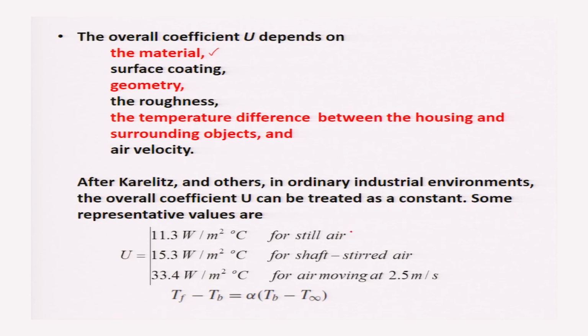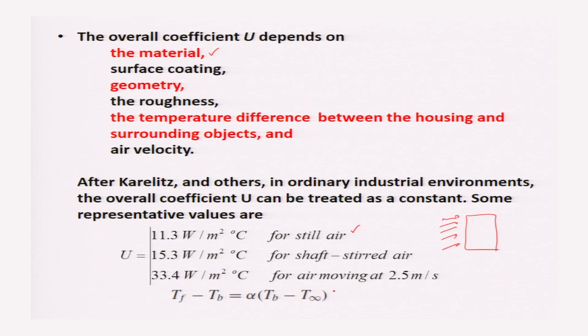The first is for still air, the air which is flowing through the bearing housing being still. For shaft-stirred air, it is 15.3 watt per meter square degree centigrade. For air moving at 2.5 meter per second, it is 33.4 watt per meter square degree centigrade.